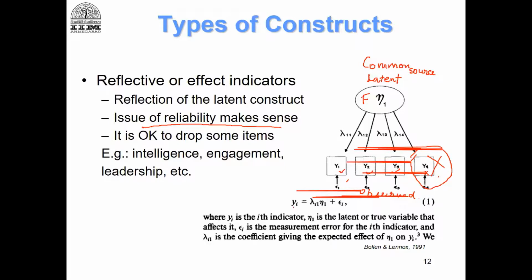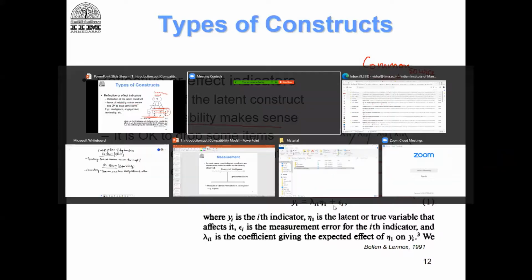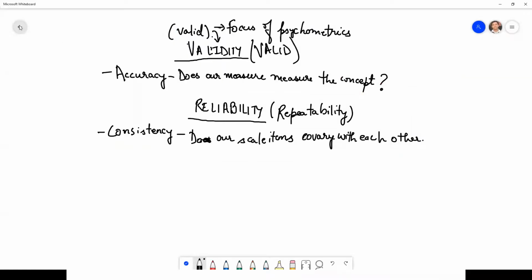And what is the equation? The equation is yi. So y1 is lambda 1 1 times eta 1, which is the factor, plus ei. So what is this equation?